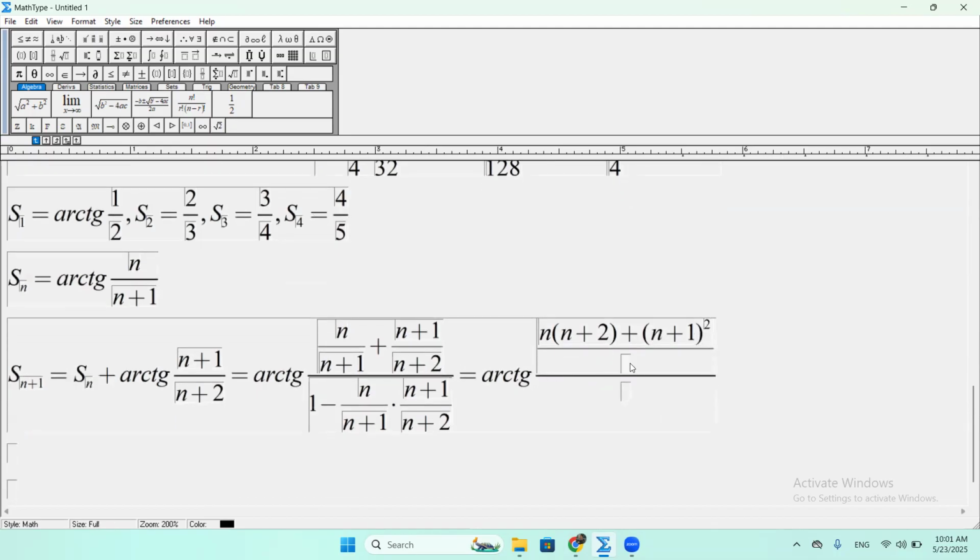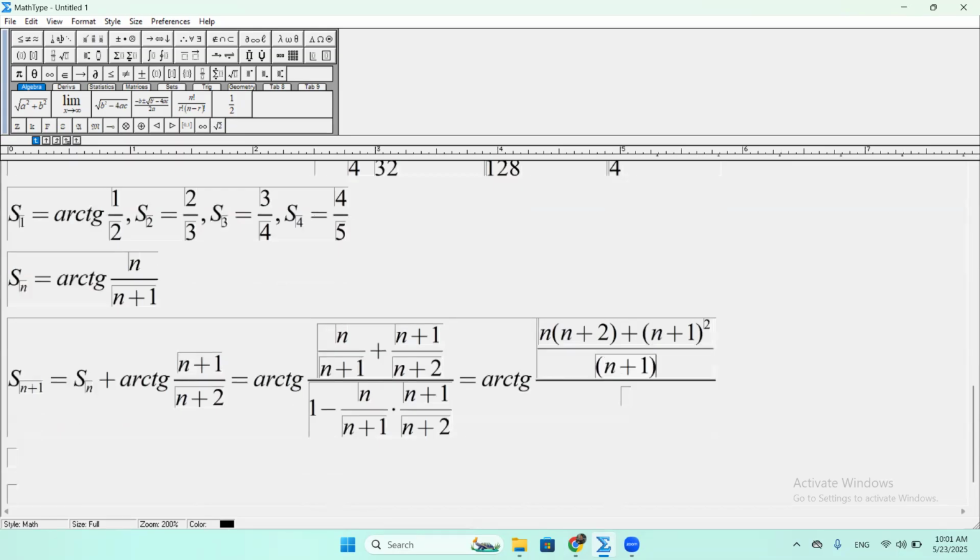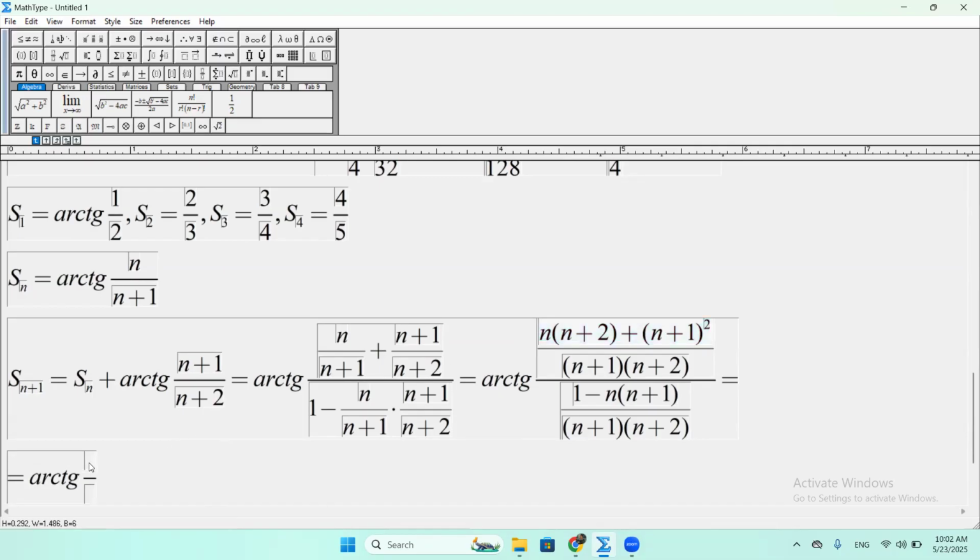Then here will be n plus 1 by n plus 2. And here will be the same denominator. And I will receive here 1 minus n by n plus 1. So we will simplify this fraction a little bit. So this will be numerator, and this will be denominator.